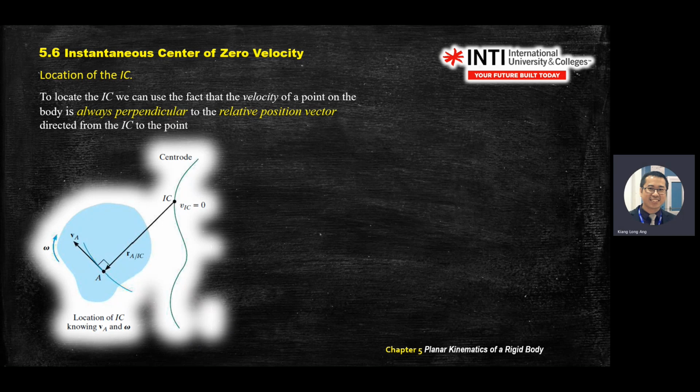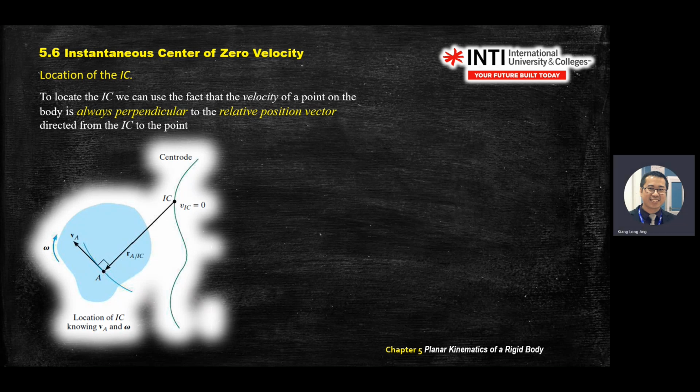So how do we draw the IC direction? This IC is a point from A. For example, this is a rigid body. If this rotates with omega, you know that A will be in circular motion.